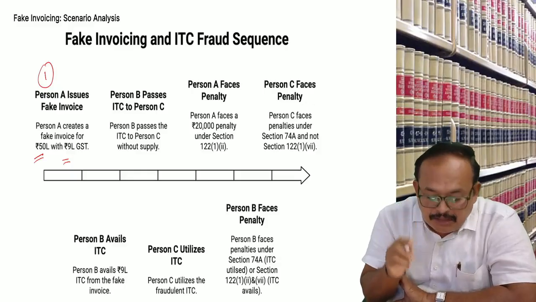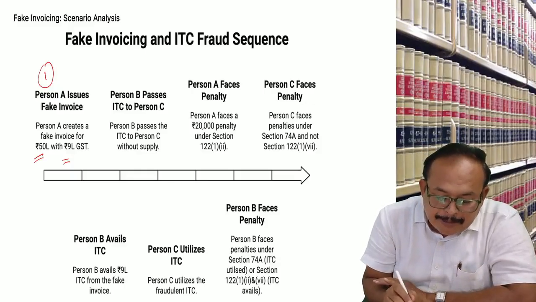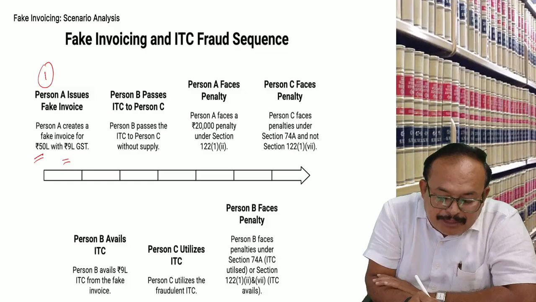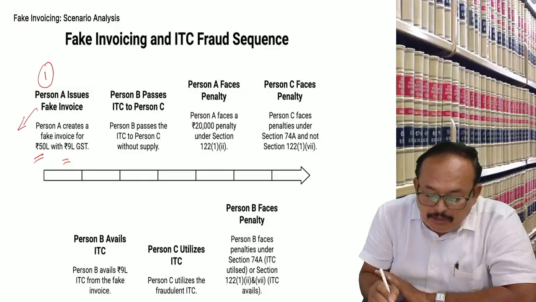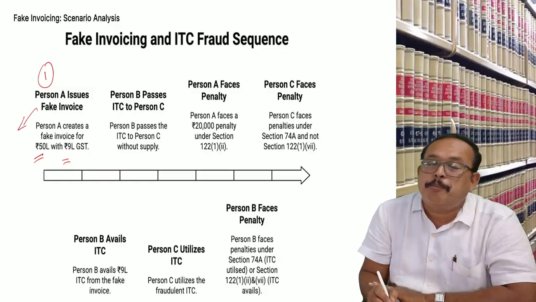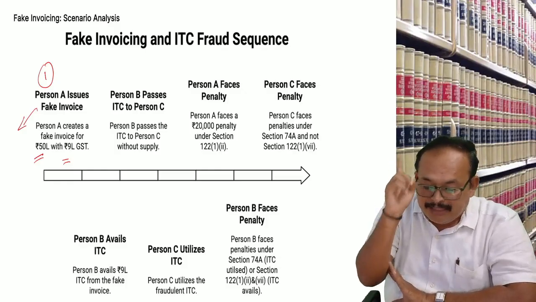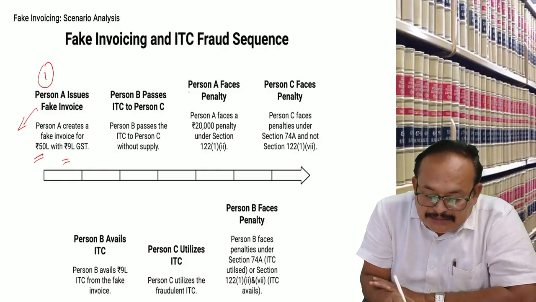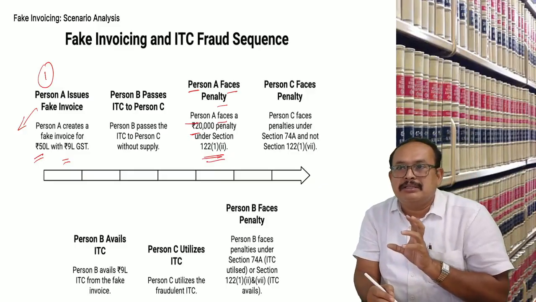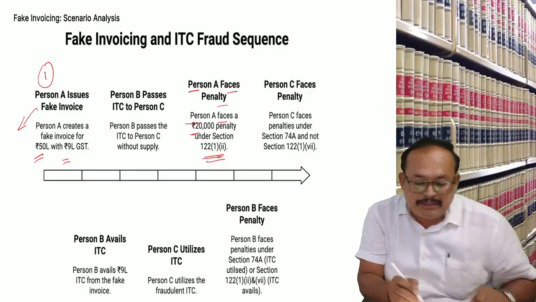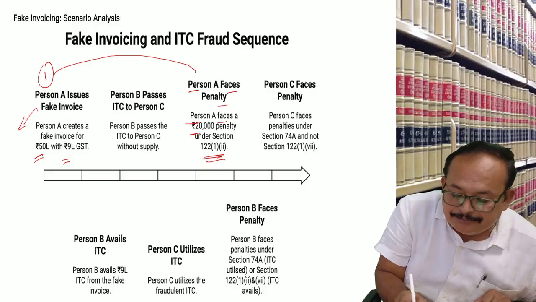But it is an offense. Coming to what penalty for him? Section 122 subsection 1 clause 2, correct? Look here. Person A faces penalty under 122, not under 121. For this offense, hit it here.